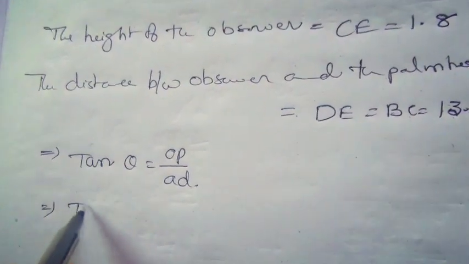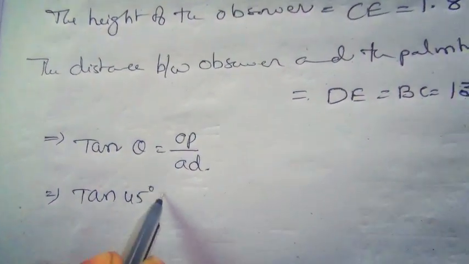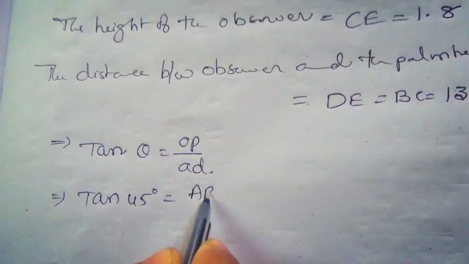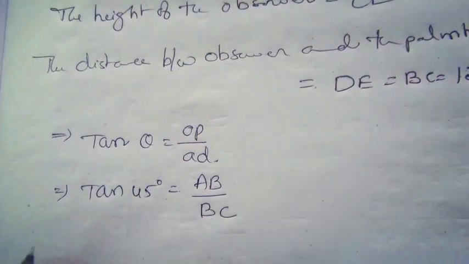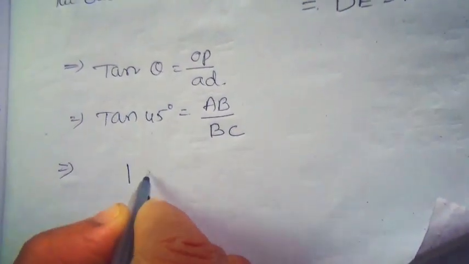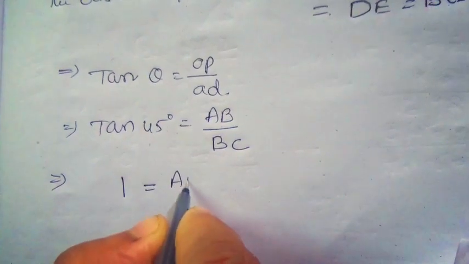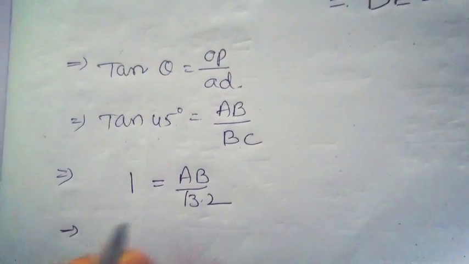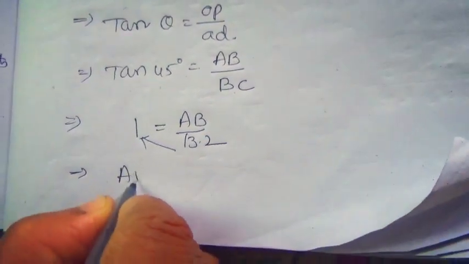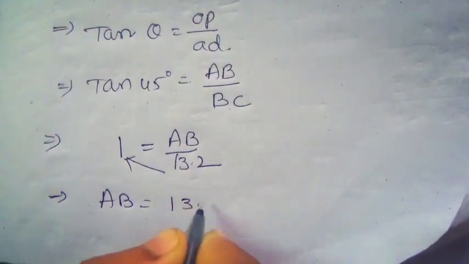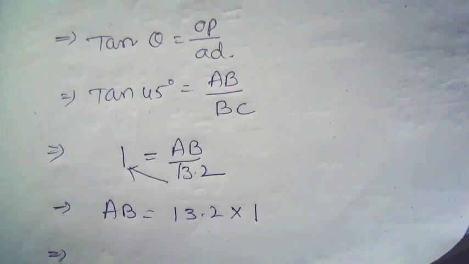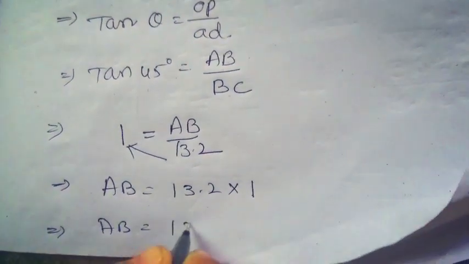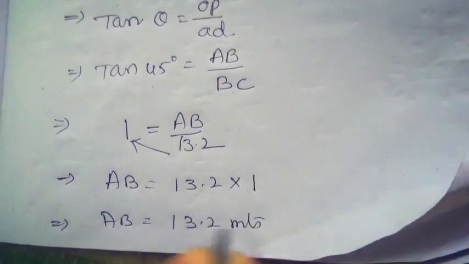So tan 45 degrees is equal to AB by BC. Tan 45 value is 1. AB we don't know, and BC value is 13.2. Cross multiplication: AB is equal to 13.2 into 1. That implies AB is equal to 13.2 meters.